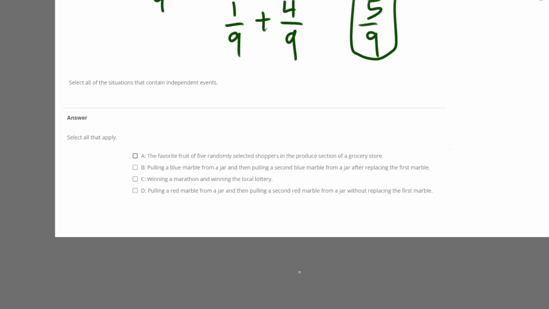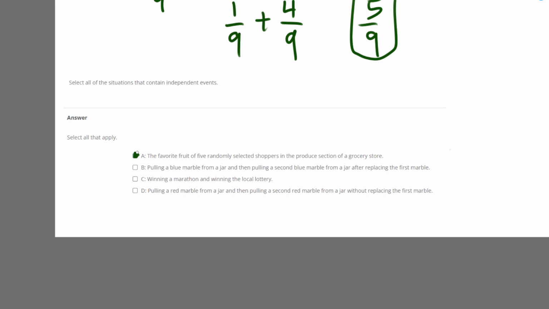The last example I have is asking us to select all of these situations that contain independent events. And it's asking us to select all that apply. The first example is the favorite fruit of 5 randomly selected shoppers in the produce section of a grocery store. When we think about this, it's probably independent because their answers do not depend on what the other person answered.